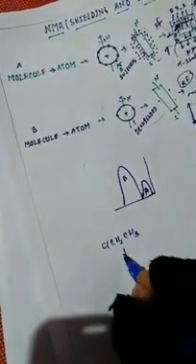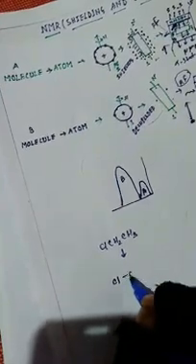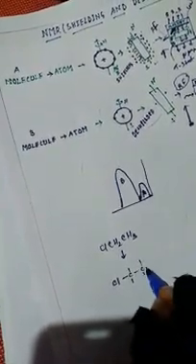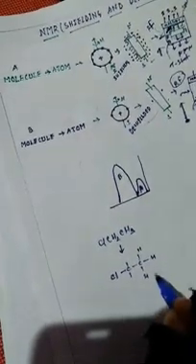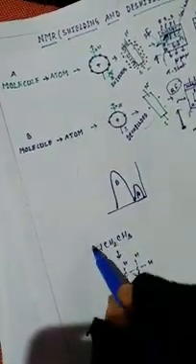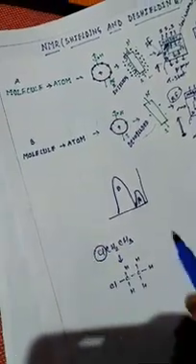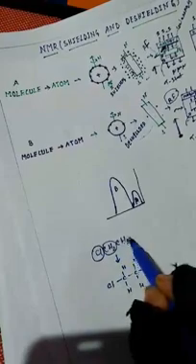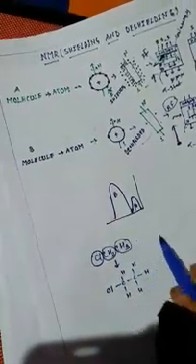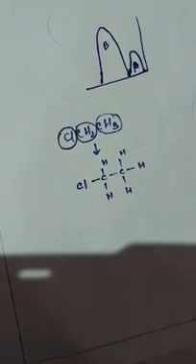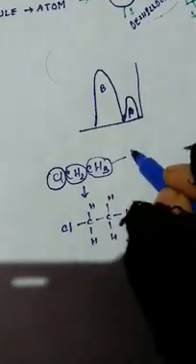We can represent it like that. So this chlorine is an electron withdrawing group, and these two carbons are an electron donating group. So this is an electron donating group, and this is an electron withdrawing group.